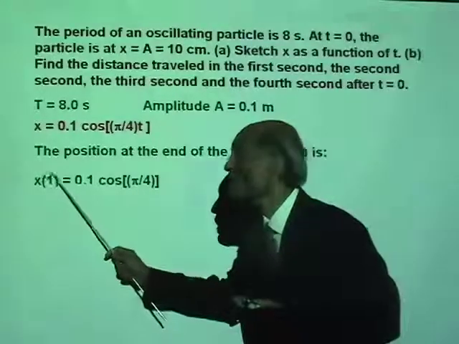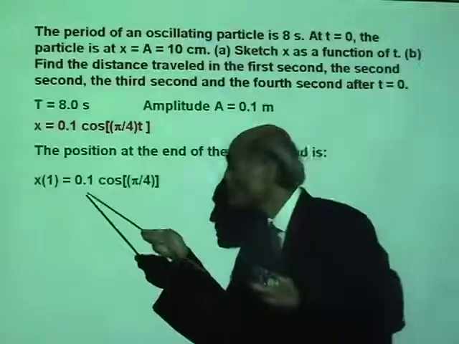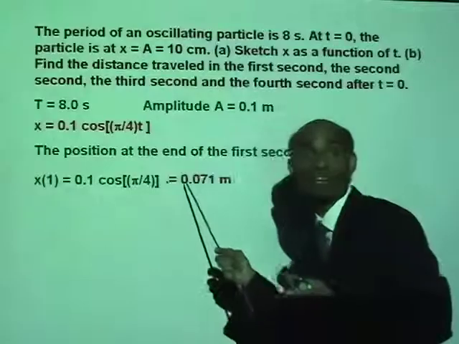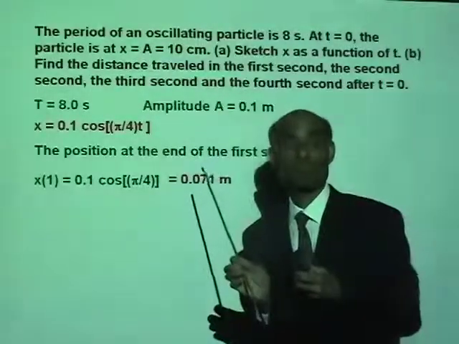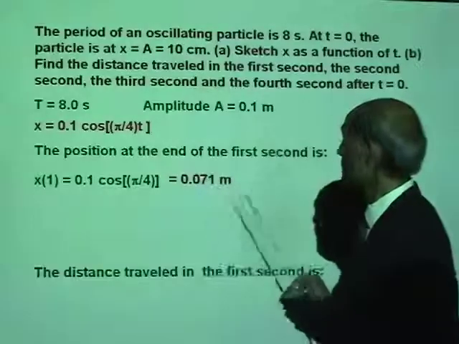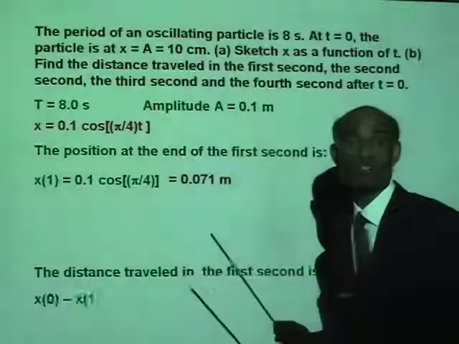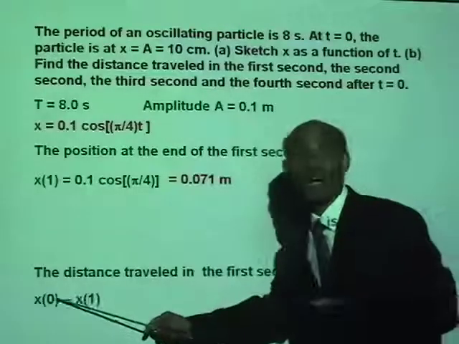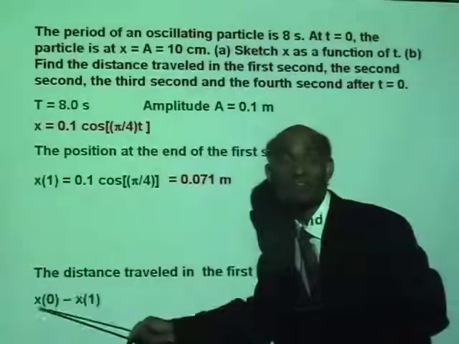So at the end of 1 second, where is the oscillating object? The oscillating object is here, x equal to 0.071 meter. Now, what is the distance traveled in the first second? At t equal to 0, the object is at x0.